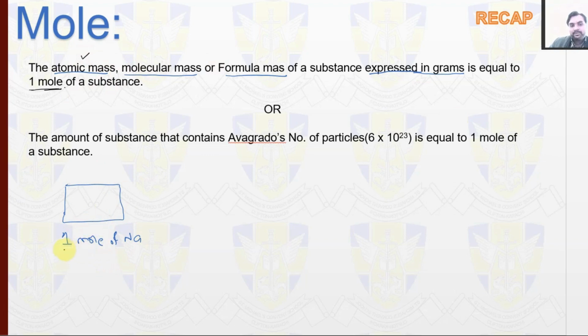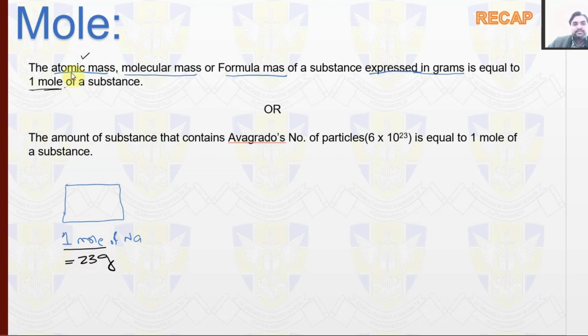For sodium, you have to check the atomic mass, which is 23. So the mass equals 23 grams. If you take 23 grams of sodium, that is equal to 1 mole.